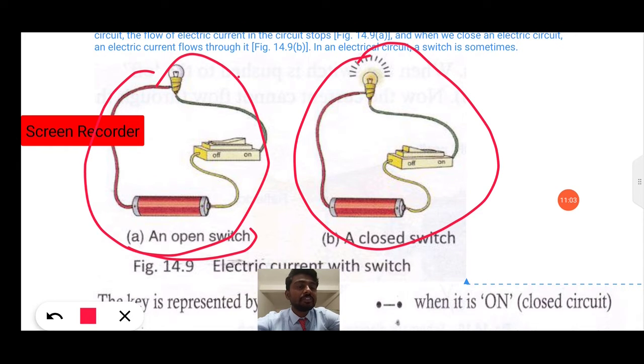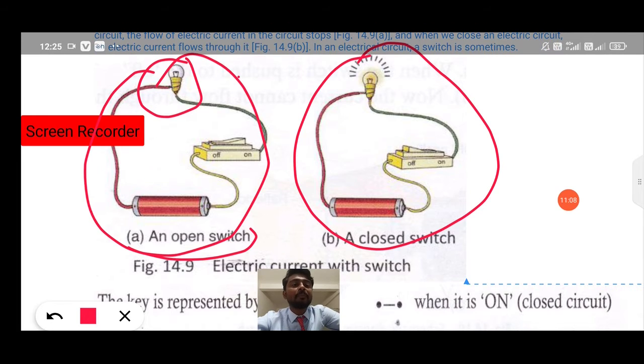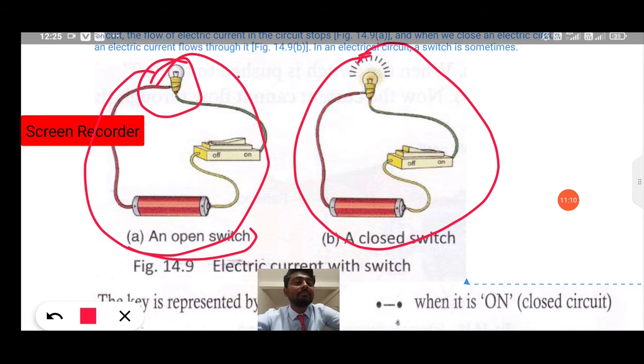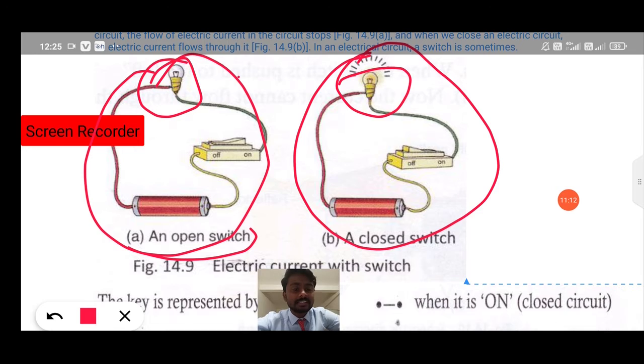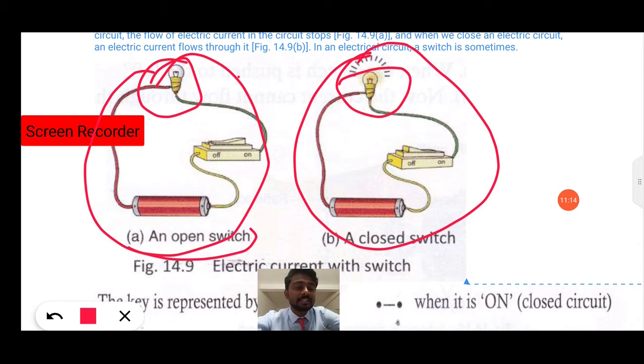You can see in the open switch the bulb will not glow, but in the closed switch the bulb will glow. Already in the last diagram you can see this. Yes or no?